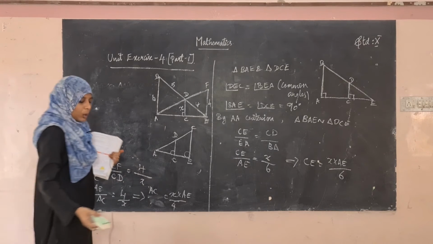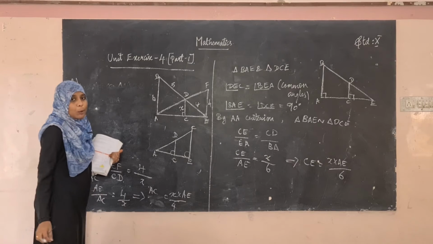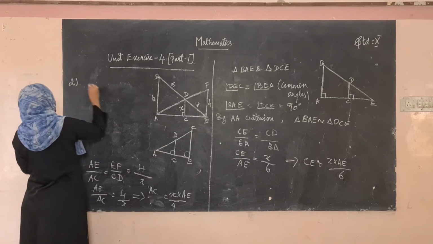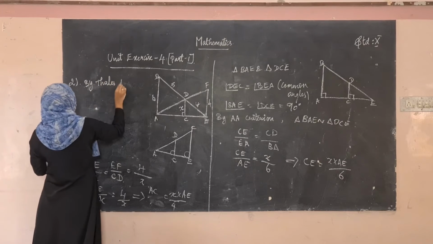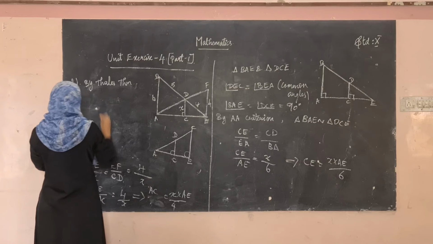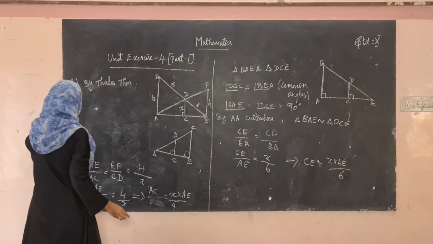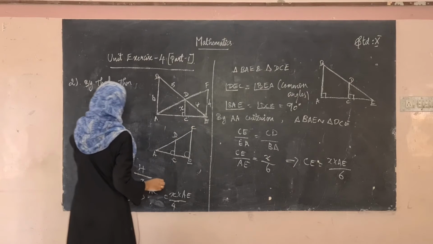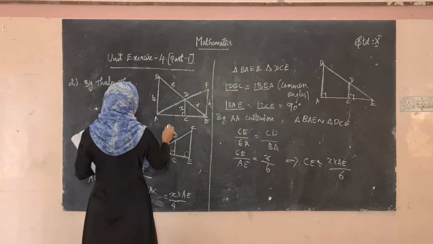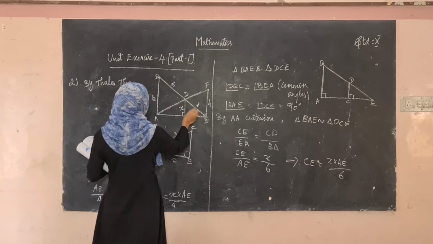Okay, now in the triangle, we are going to use the basic proportionality theorem, that is Thales theorem. By Thales theorem, CE divided by EA is equal to DE divided by EB.